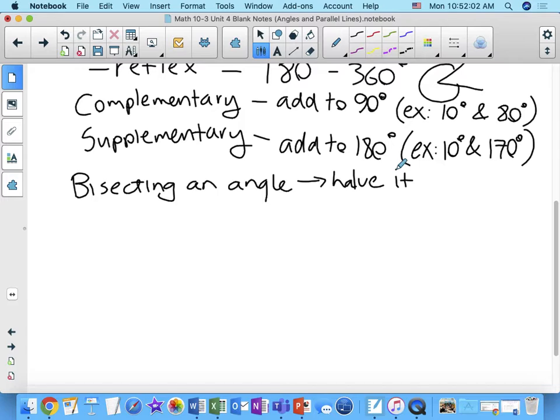So a lot of what this first little bit was about was definitions, right? Two lines are perpendicular. What do we know about them? What do we know about perpendicular lines?